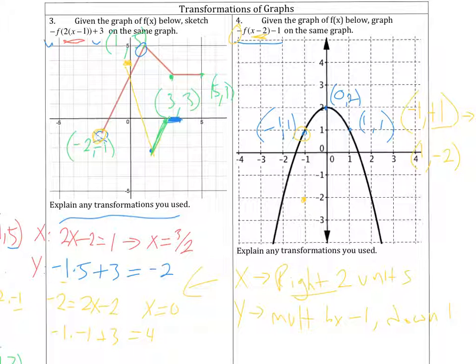My next point, 0, 2, I'm going to go right 2 units, and that's going to make it 2, something. Multiply by negative 1, okay, that's negative 2. Down 1 is negative 3. So my second point is at 2, negative 3.